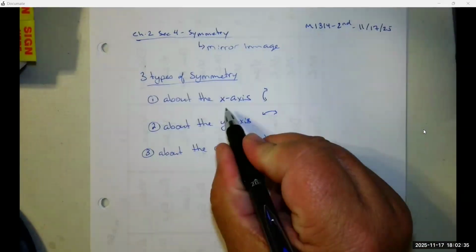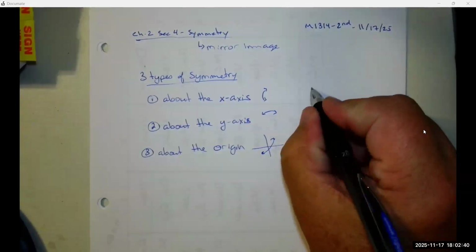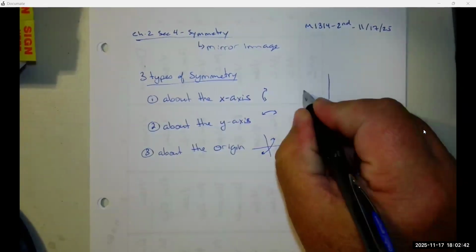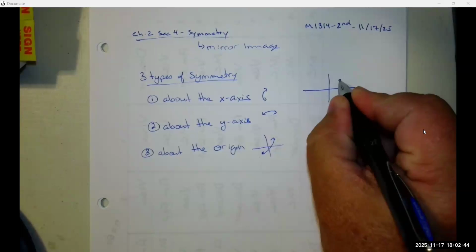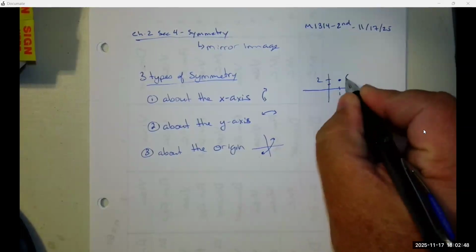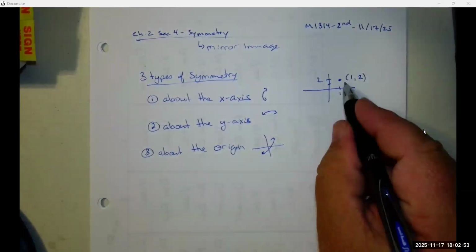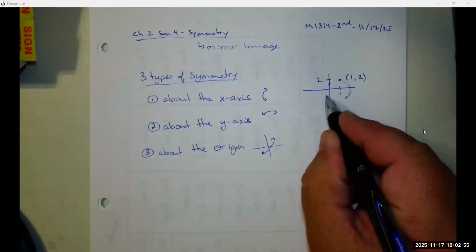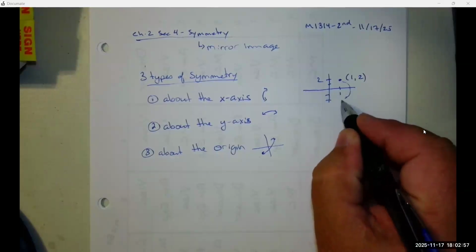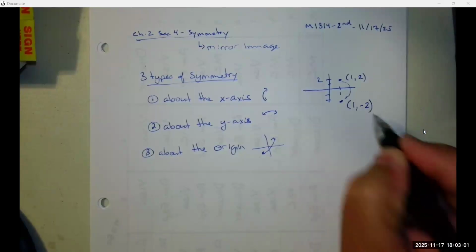Now, to be symmetric about the x-axis, so if we had a point at 1, 2, to be symmetric about the x-axis, it would have to have a point at 1, -2.